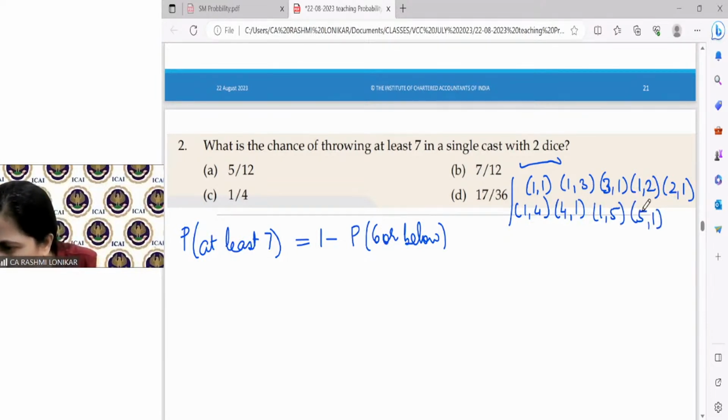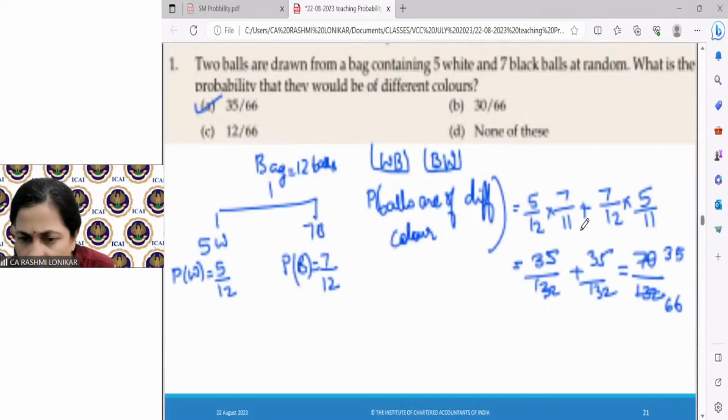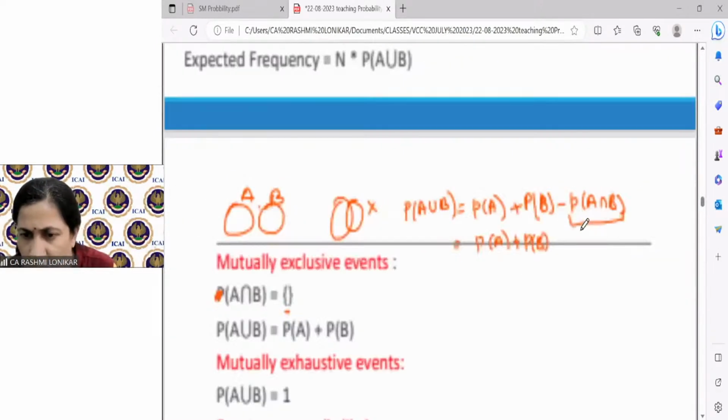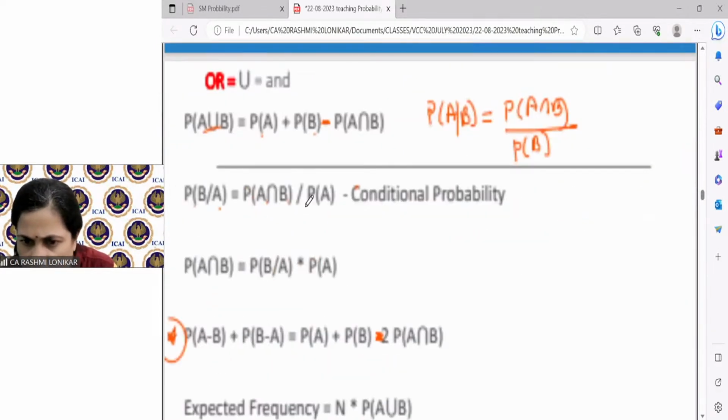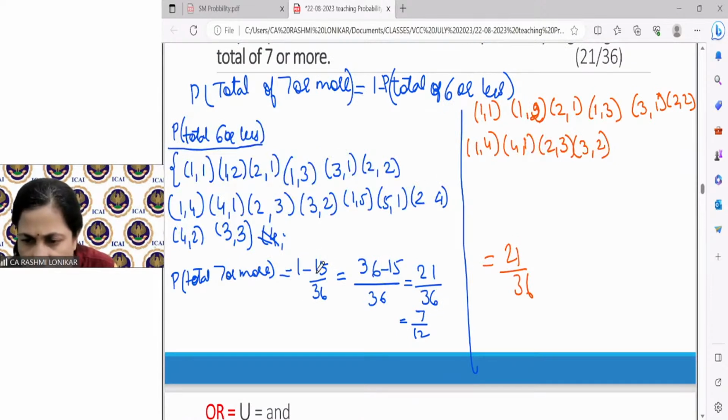Then this is 1. Now I begin with 2. So it will be 2 1, which we have already done, 2 2 and so on. So I think the total of 6 or less is 15.